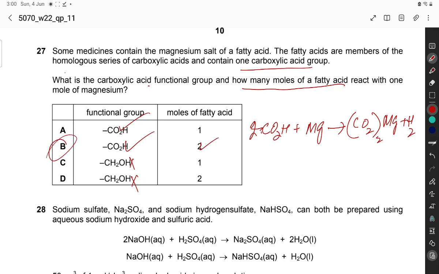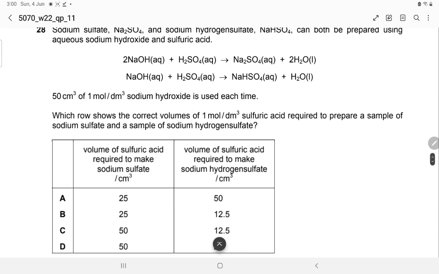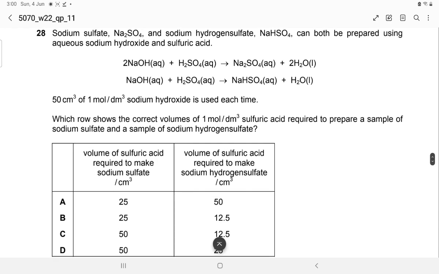Question number 28. Sodium sulfate and sodium hydrogen sulfate can both be prepared using aqueous sodium hydroxide and sulfuric acid. 50 centimeter cube of 1 mole per dm cube sodium hydroxide is used each time.